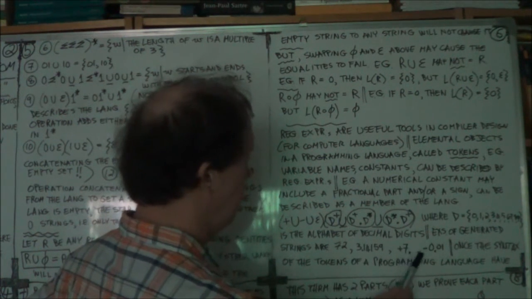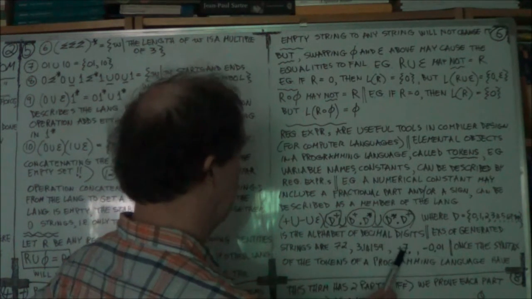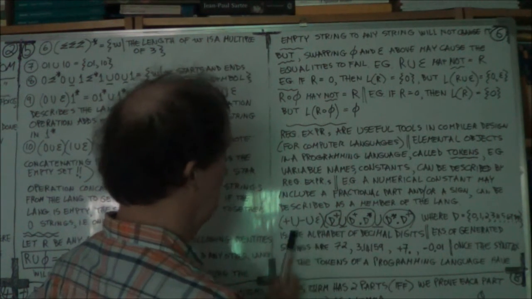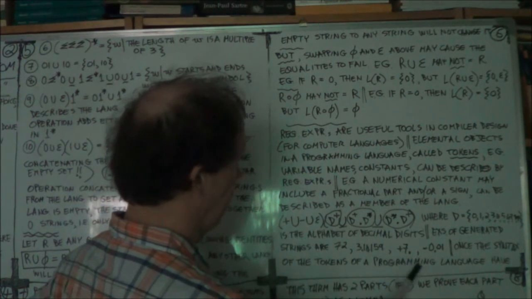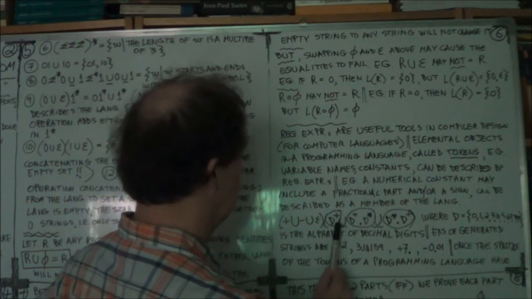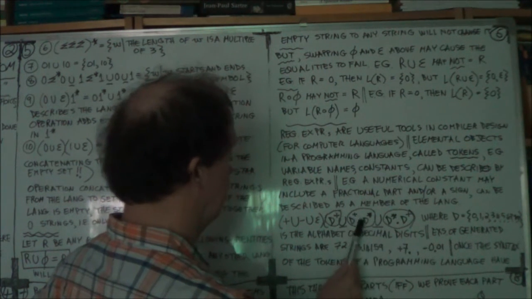Now plus 7 point, and then nothing after the decimal point. The plus comes from here, and you're concatenating. So you could have a plus here, and then 7 point.